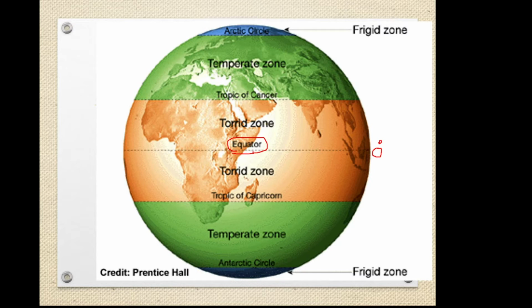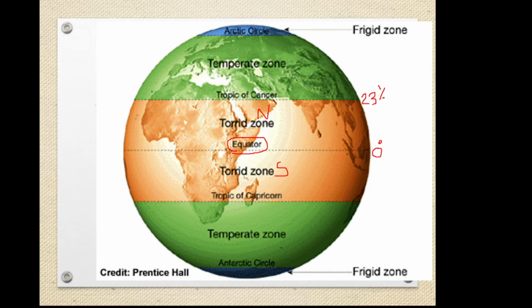So the region north and south of the equator is the torrid zone. This is the north direction and this is the south direction, isn't it? So the region north and south of the equator is called the torrid zone. It starts from 0 degree and extends till how much? 23.5 degree north.